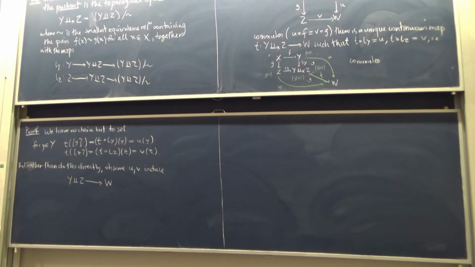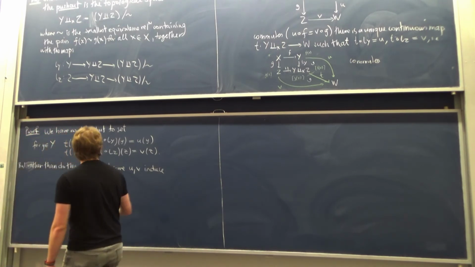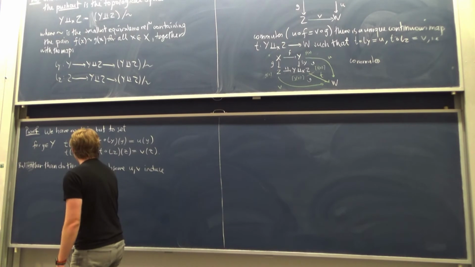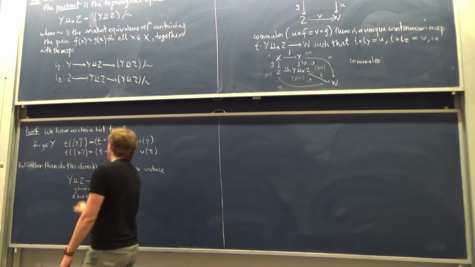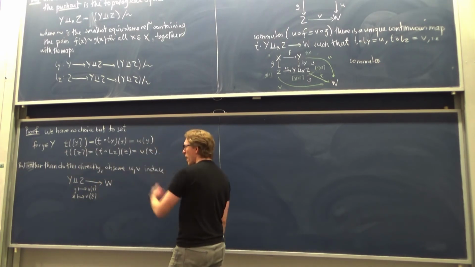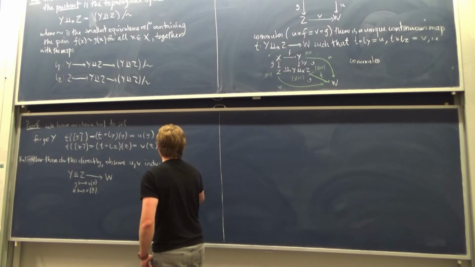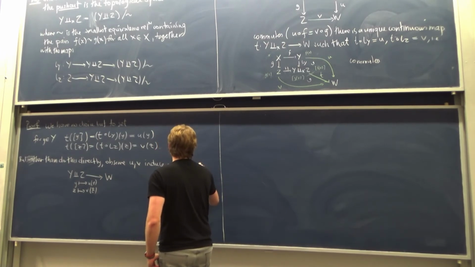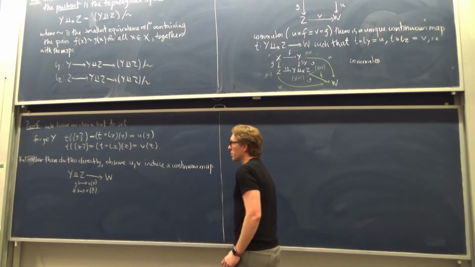What that's saying in practice is that if you take a continuous map from Y to W and Z to W and you write down the natural function from the disjoint union, which is, you take an element y and you send it to U of y, and you take an element z and you send it to V of z, that statement is just saying that map as a function is continuous. The topology of the disjoint union is set up precisely so that that works.